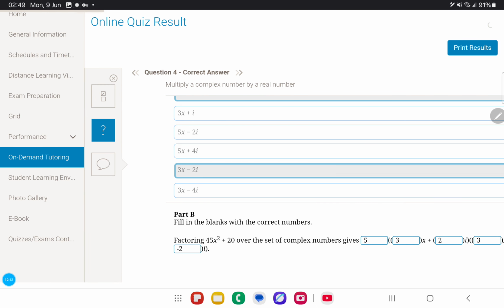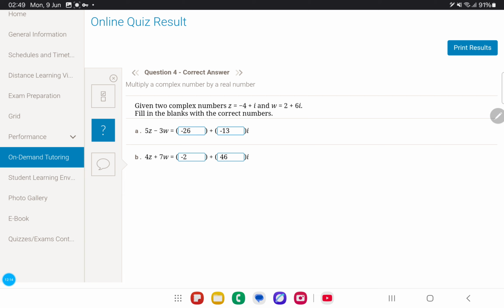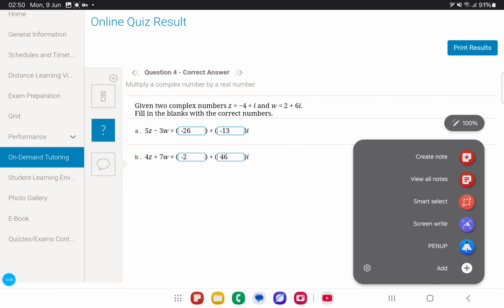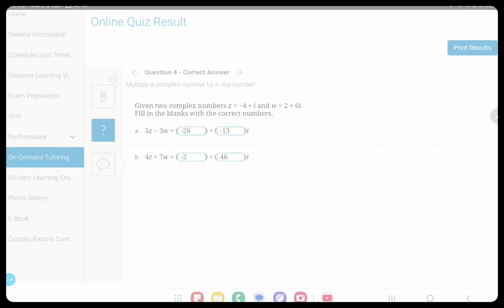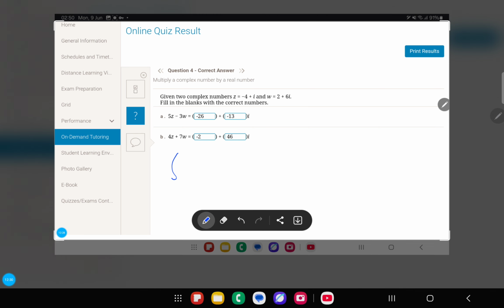Now to go on to question 4. Okay, given two complex numbers, z equals -4 plus i and w equals 2 plus 6i. Fill in the blanks with the correct numbers. Okay, they just want us to use simple math, substitution. Now, 5 times z, which is -4 plus i, minus 3 times w, 2 plus 6i.